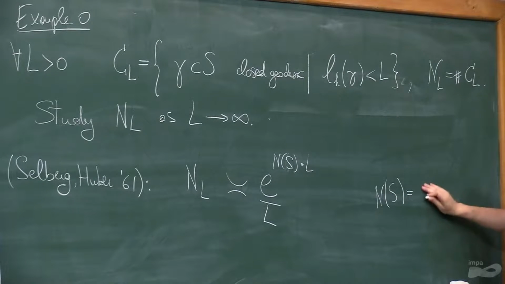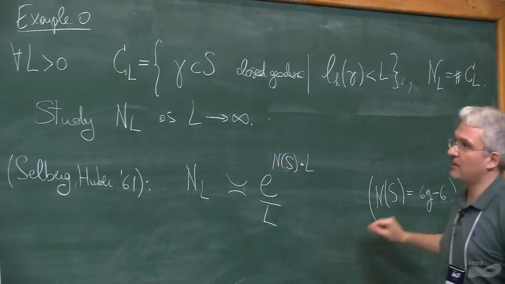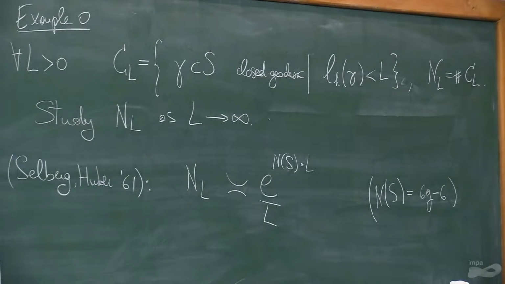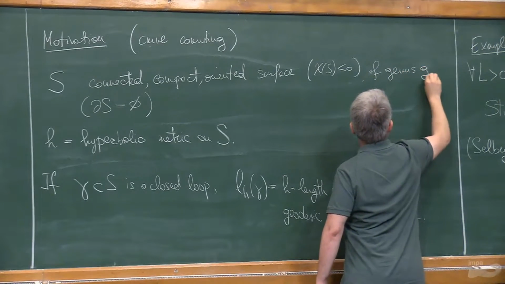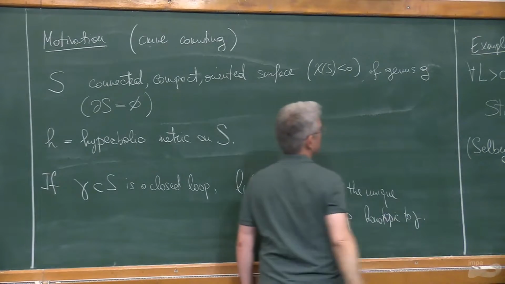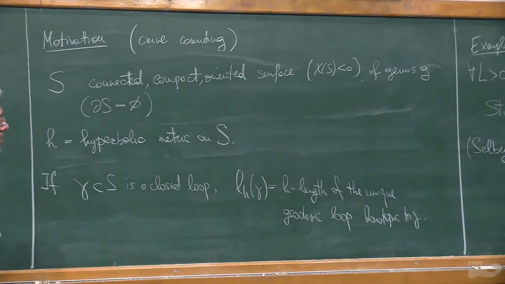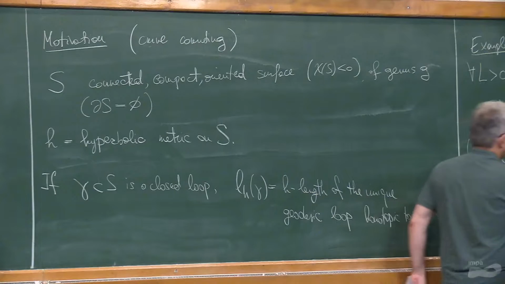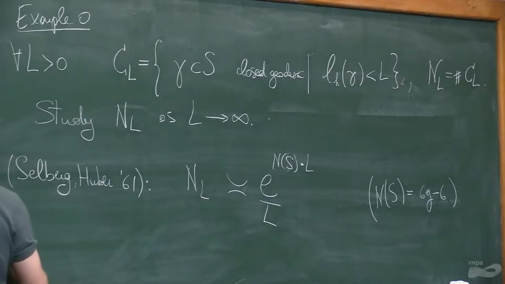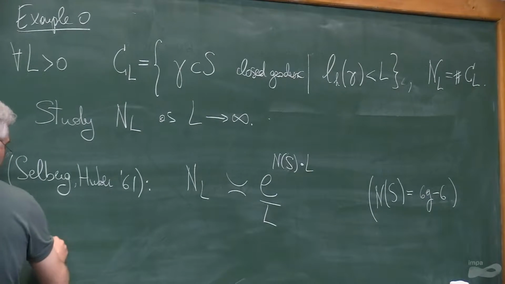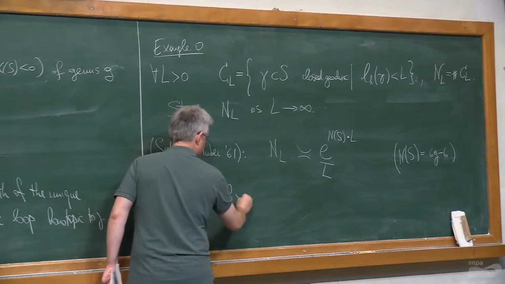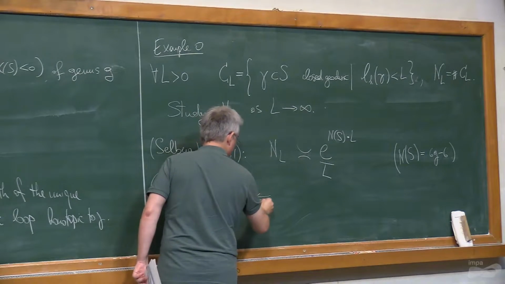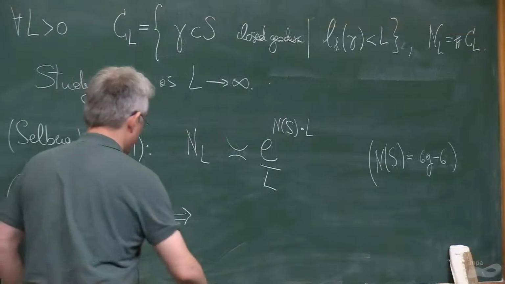This is 6g minus 6, where G is the genus of the surface. When I write this symbol, this means, if we have two functions, f and g, I'm writing this to say that the ratio is bounded.